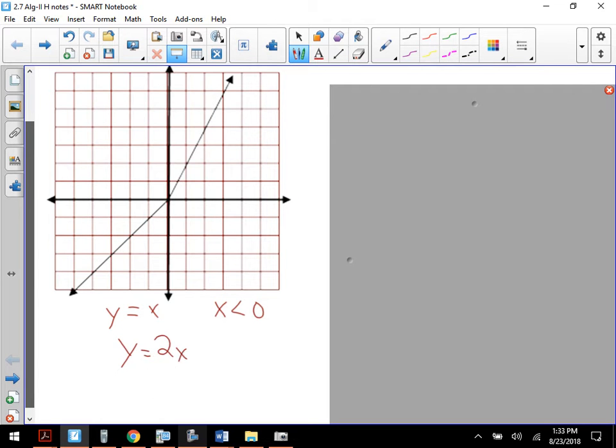And for argument's sake, I'm going to say that when x is greater than or equal to 0, it switches graphs. So depending upon what your input is, your output is going to be different. There's a lot of that. Okay?